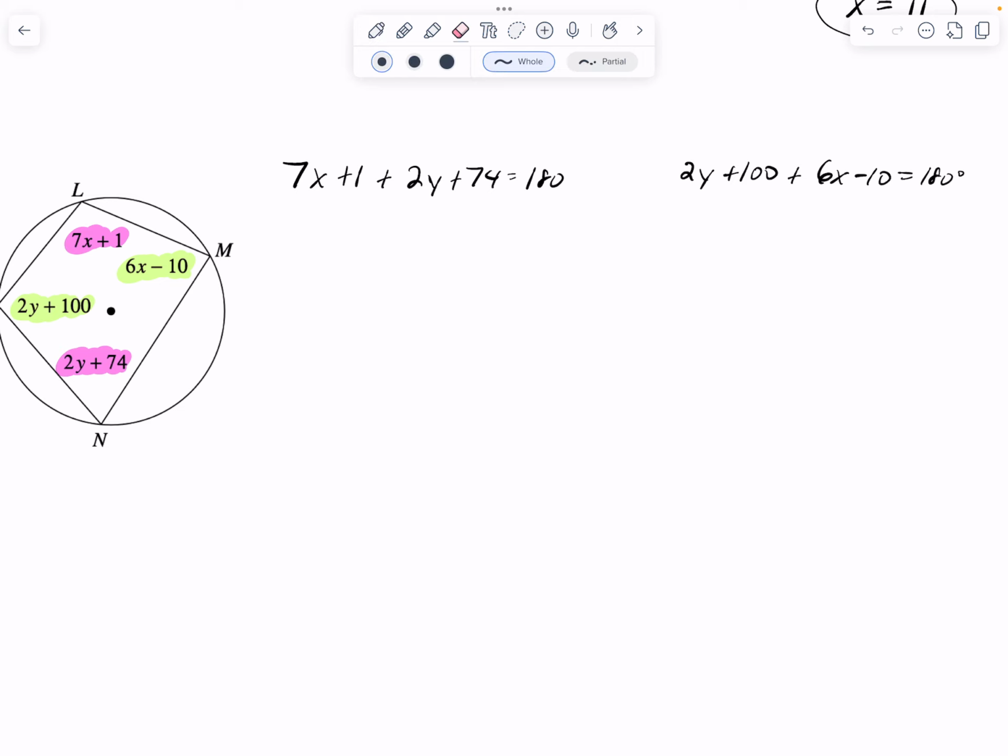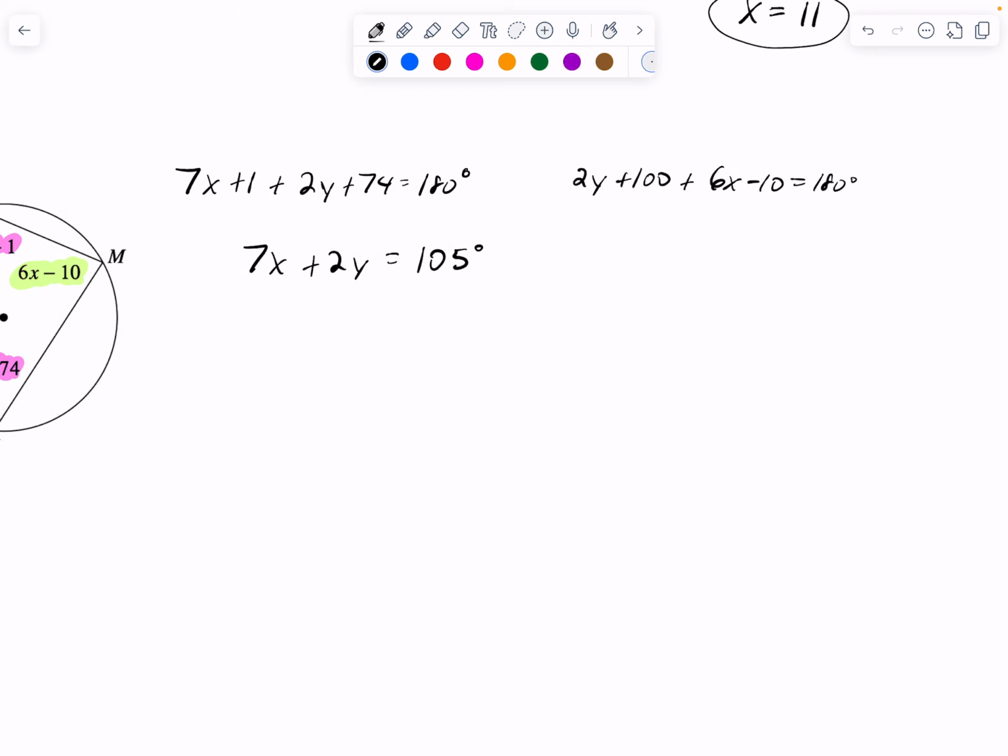Let's clean them up a little bit. So this one, I'm going to write 7x plus 2y on the left side. 74 plus 1 is 75. So when I move that 75 over with subtraction, I get 105 degrees. And then on this one, I'm going to write the 6x first, then the 2y. 100 minus 10 is 90. If I move that 90 over with subtraction, I get 90 as well.